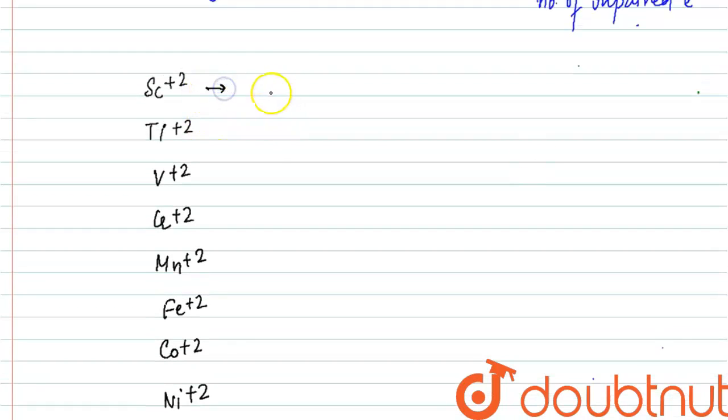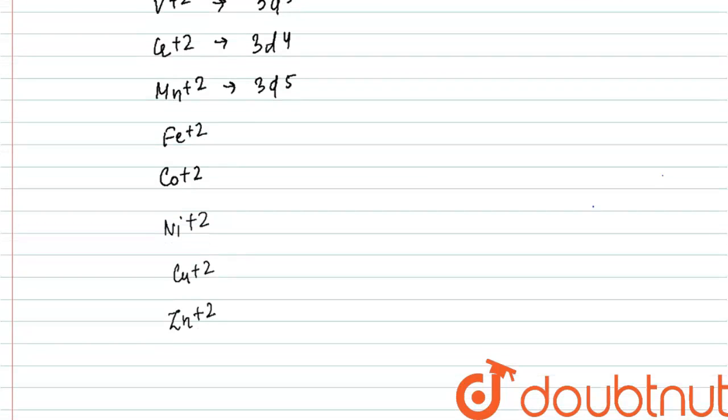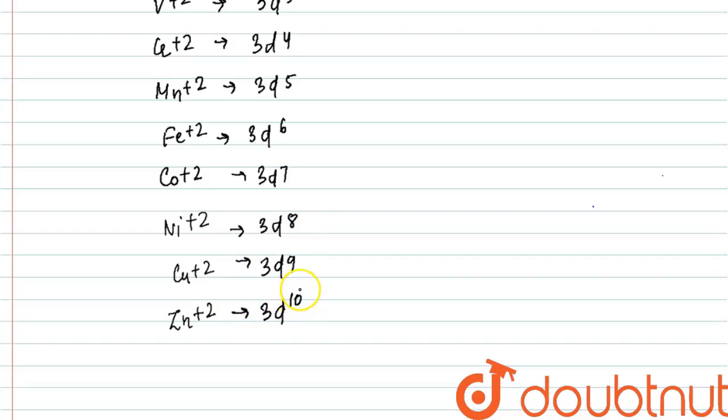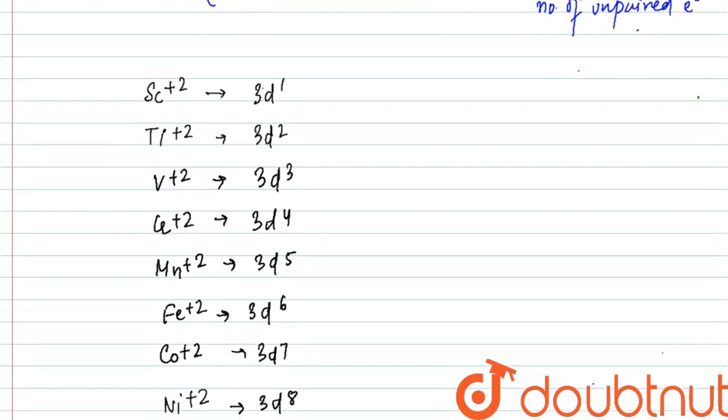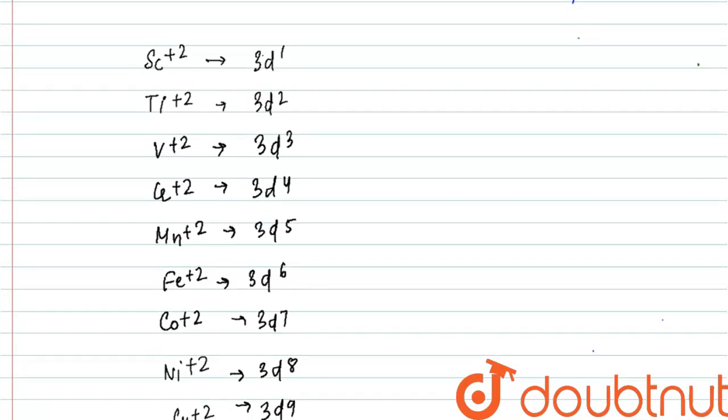For scandium plus 2 it will be 3d1, titanium 3d2, vanadium 3d3, chromium 3d4, similarly manganese 3d5. Similarly for Fe it will be 3d6, then 3d7, nickel 3d8, then 3d9, and at last we have the completely filled d orbital for zinc, that is 3d10. So this is how we can write down the d orbital electrons for all the ions here.